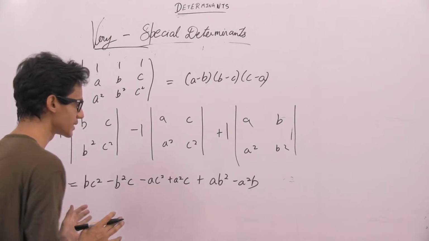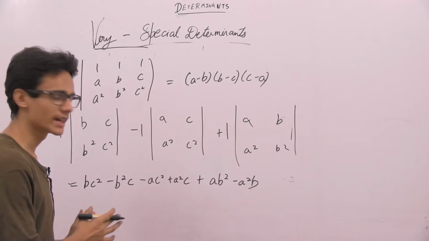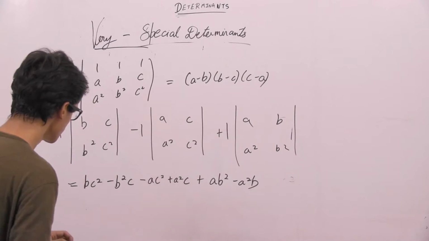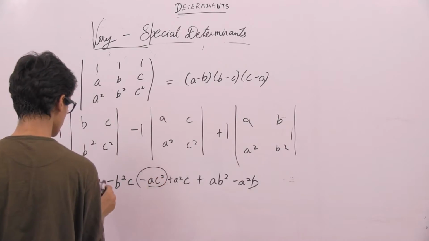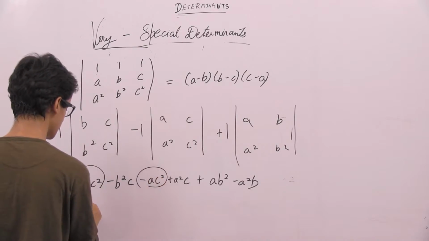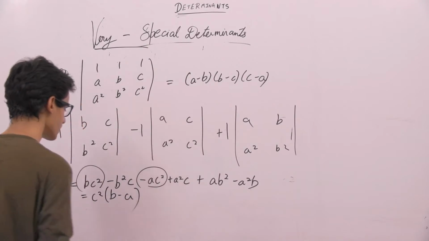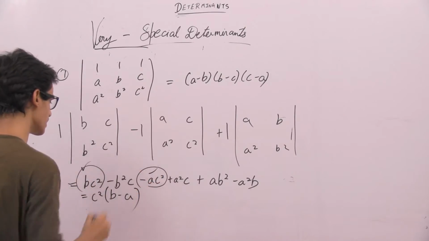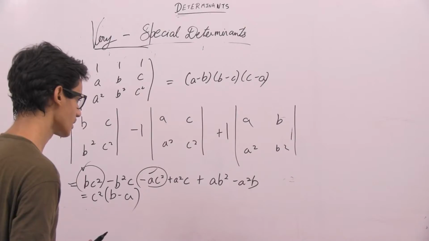We need to find something common so that we can take it out and simplify. If we take c square common from these elements, we get c square (b minus a). Now we are done with these two elements. We got a thing common, that is b minus a.